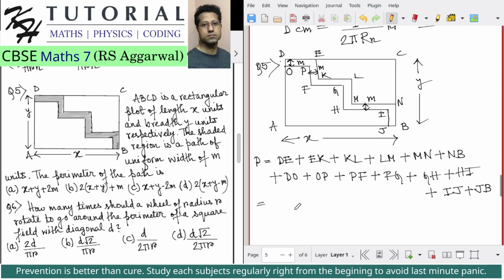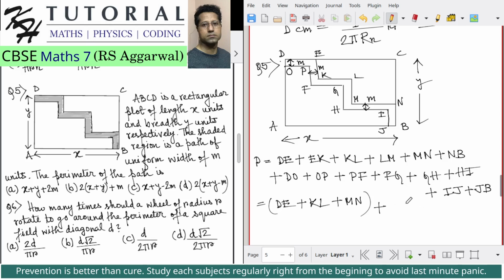Okay. Now if you notice, if I combine DE, KL and MN, this is equal to the length of the rectangle, which is X. Again, after NB we have DO, JB.